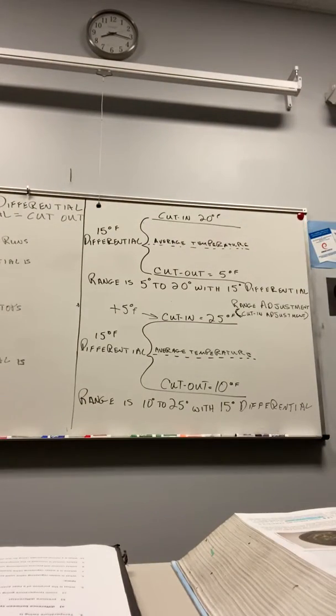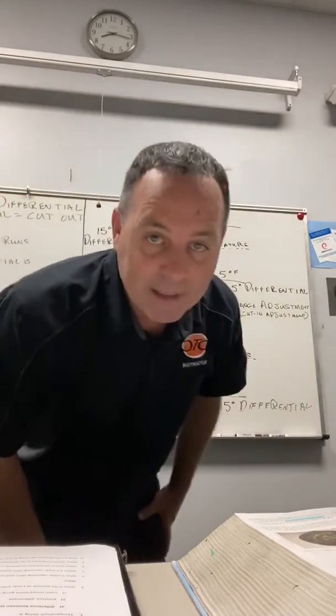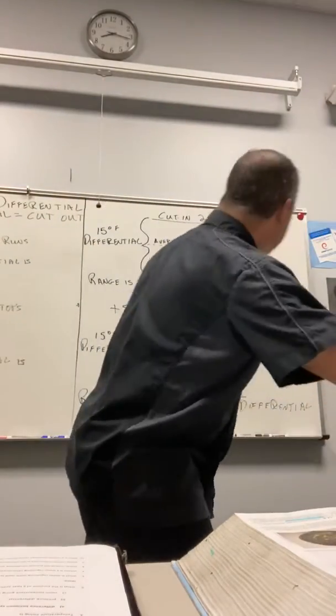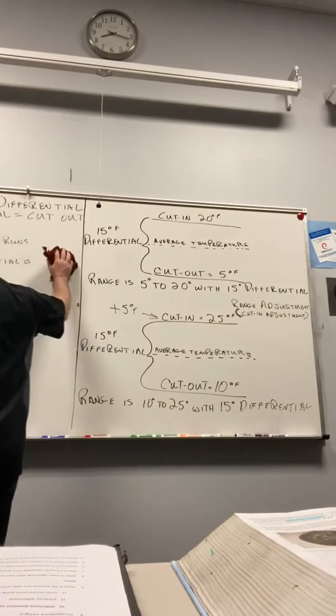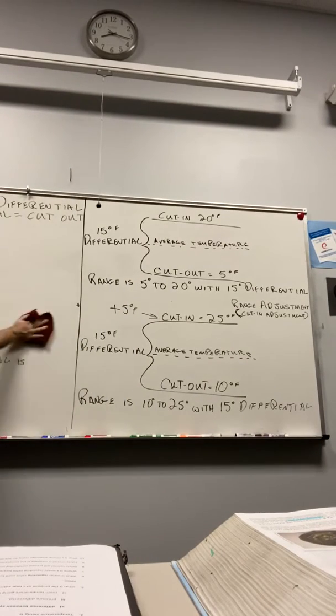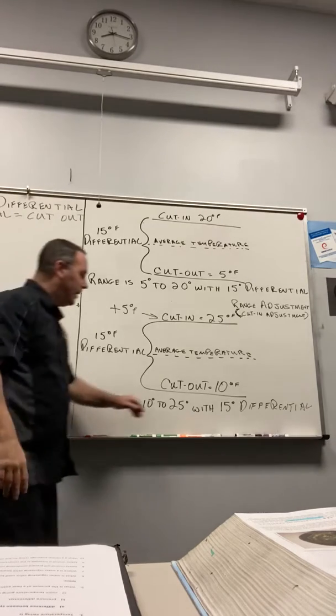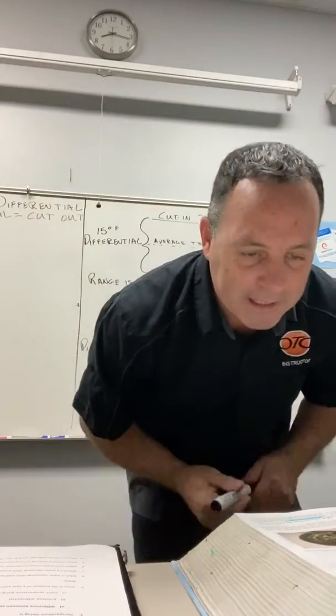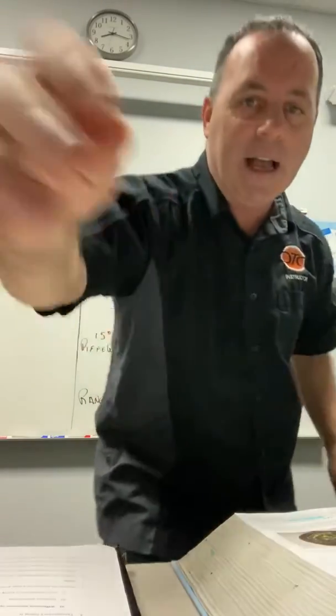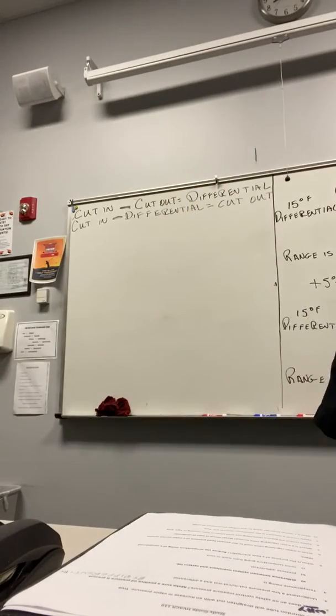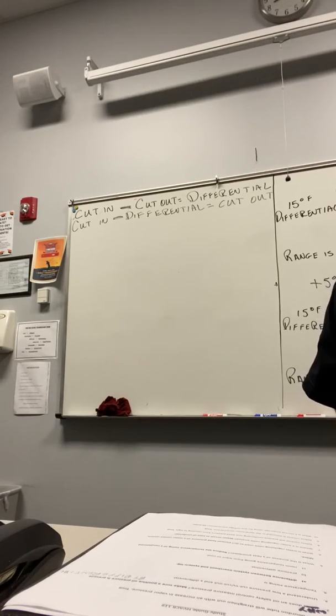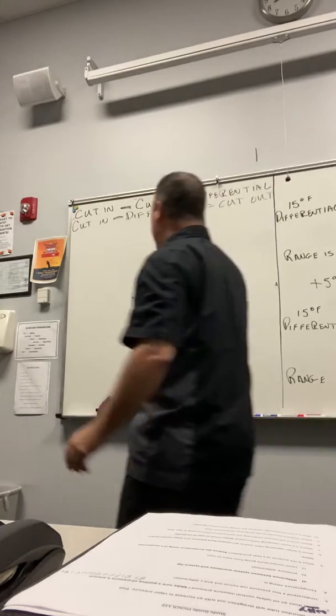Now, real quick, I'm going to go ahead and erase this so we can talk about something else for a minute. Let's talk about, on the bottom of page 357, what is a high pressure control? The high pressure control says it stops the compressor if the pressure is excessive on the high side.